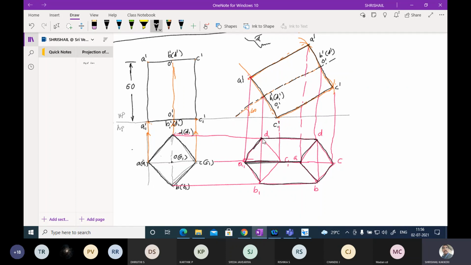And this will be dotted. You can write clearly A1, B1, C1, D1, and similarly A, B, C, and D.